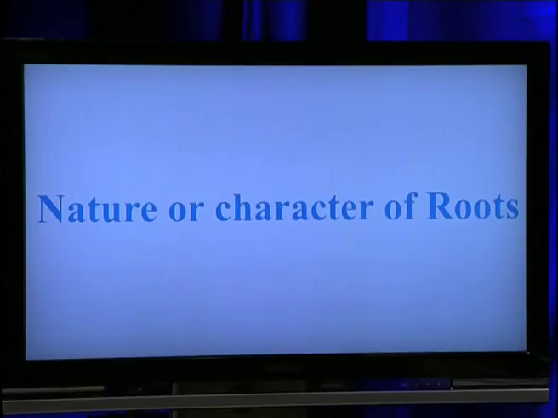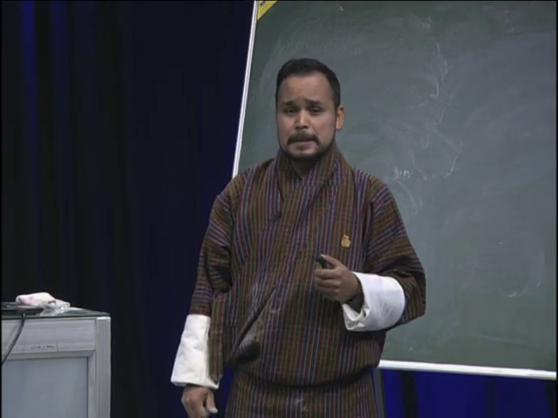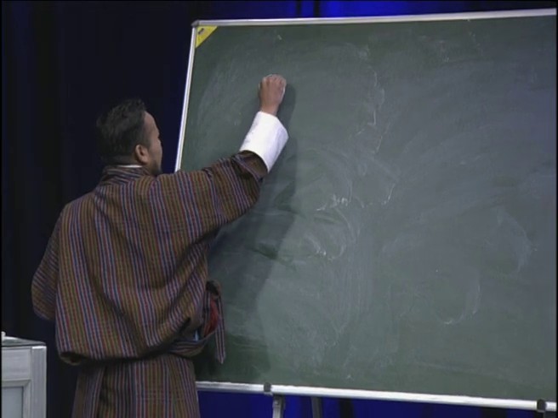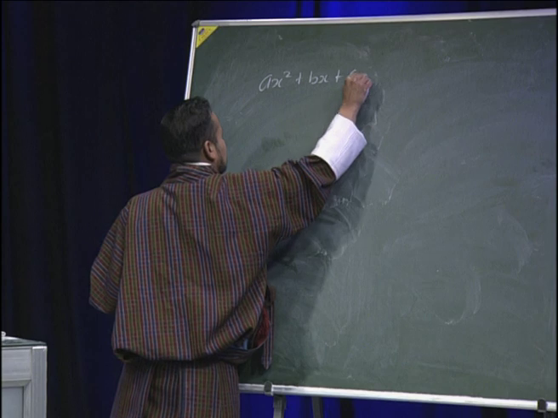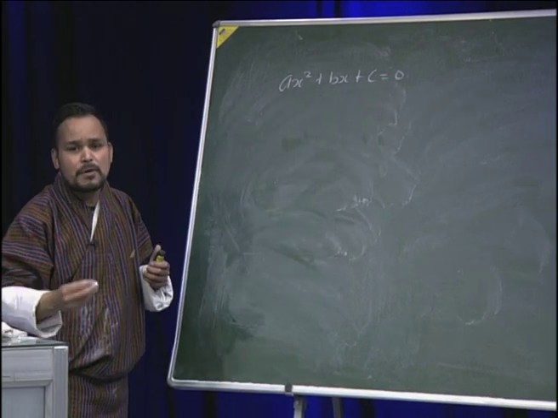Now let me explain the nature or character of roots of a quadratic equation. For example, let me take one quadratic equation, that is ax square plus bx plus c is equal to 0. This quadratic equation is in standard form.